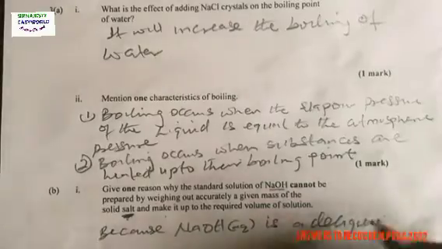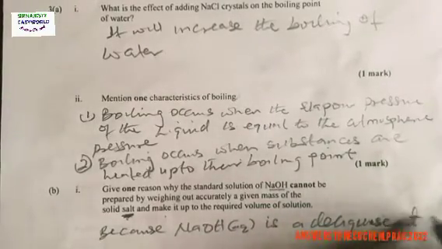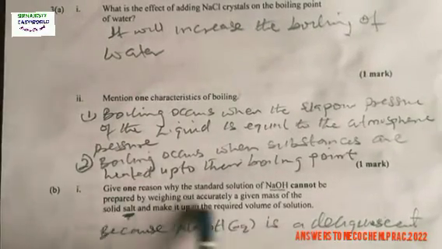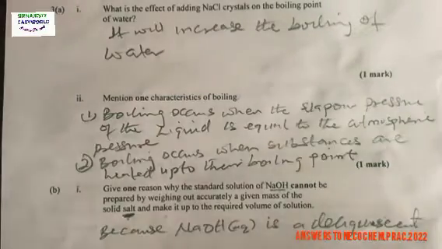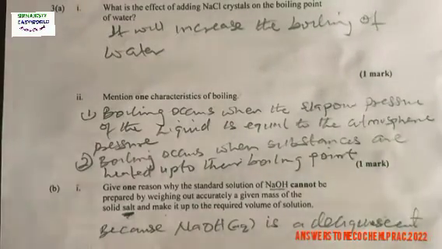Because sodium hydroxide is a deliquescent, that is, it absorbs moisture enough to form solution, which means to measure the mass accurately, it will absorb moisture and add to the mass, such that the reading on the weighing balance should be fake because water is contributing also. Simple, because sodium hydroxide is a deliquescent.